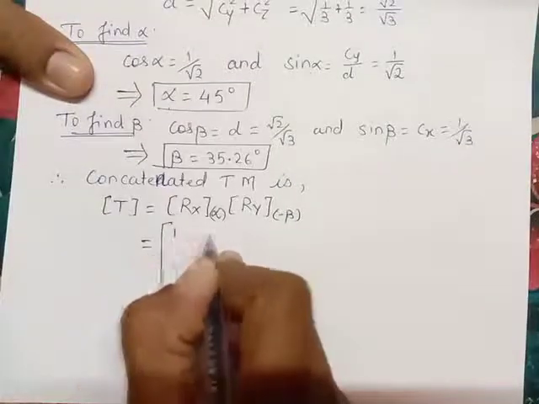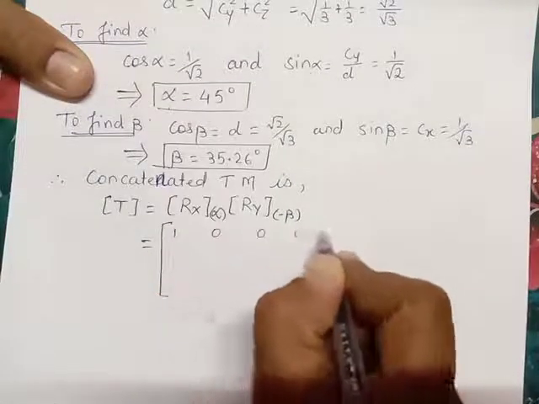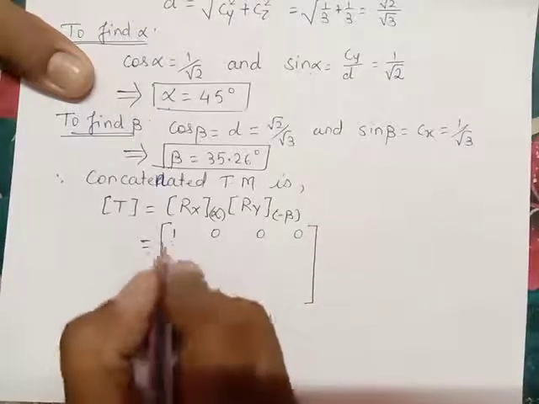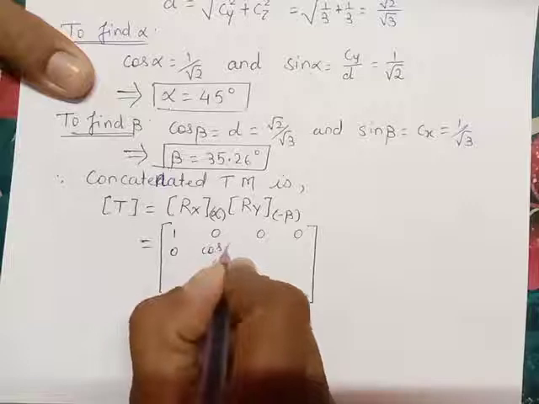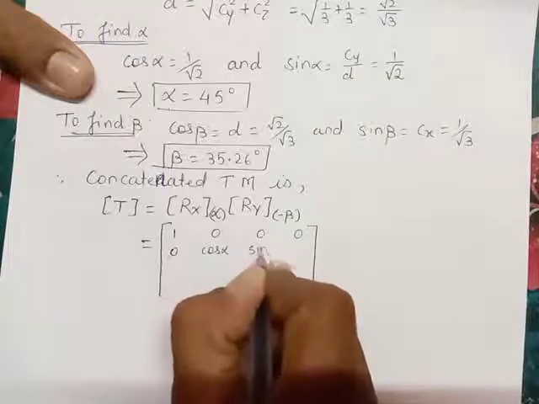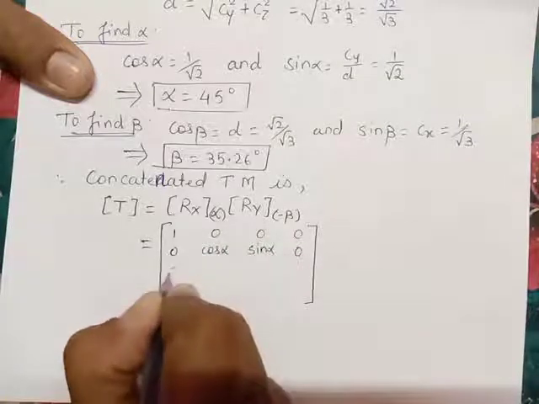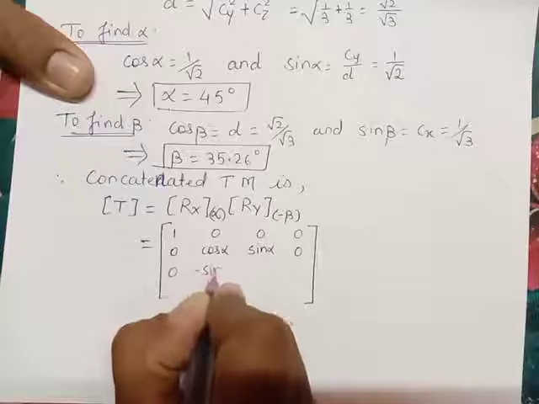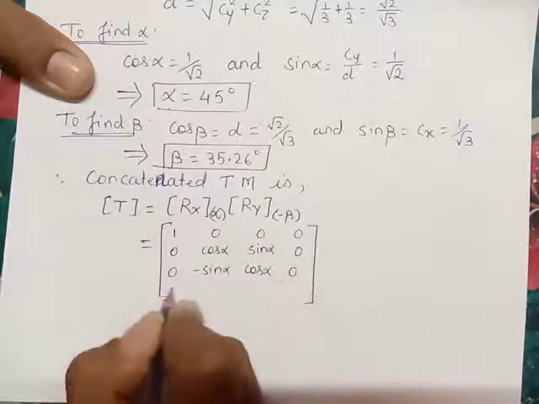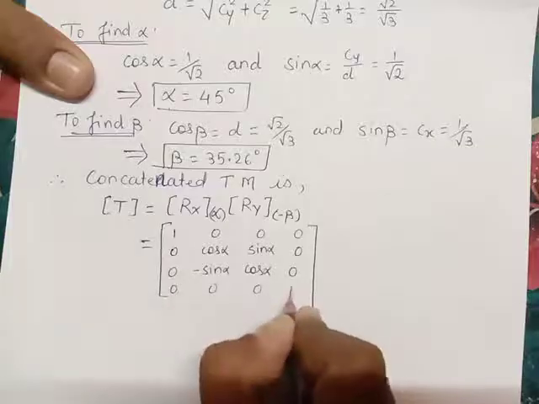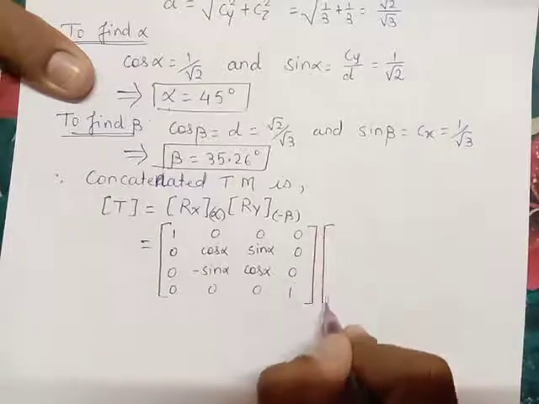This 1 0 0 0, this is 0 cos of alpha sin of alpha, 0 0 minus sin alpha cos alpha, 0 0 0 0 1, right? Into what is here?